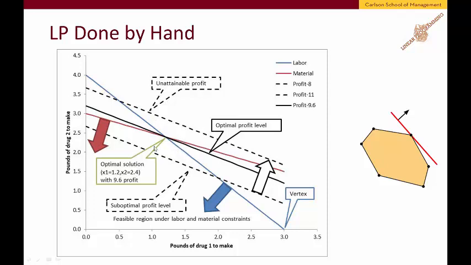Either way, you can tell visually that the point where you're going to touch, entering from the top or exiting from the bottom, the feasible region bounded by this red line and this blue line is this corner here, and that's where the profit is the highest, and of course attainable.